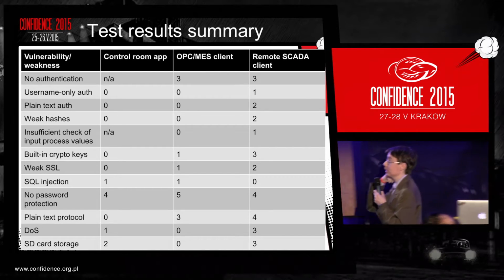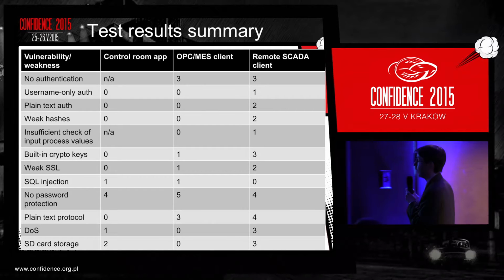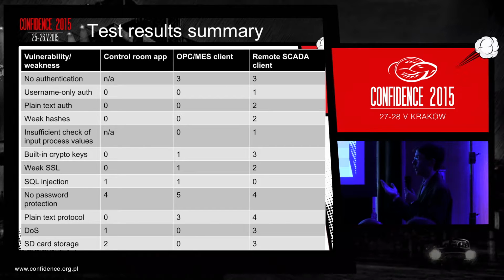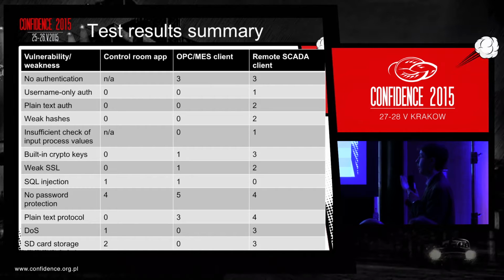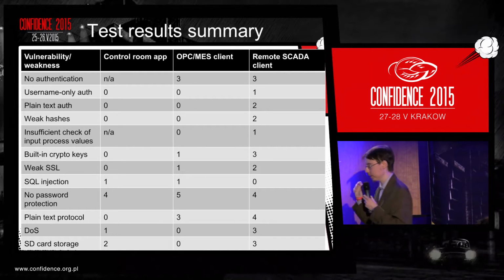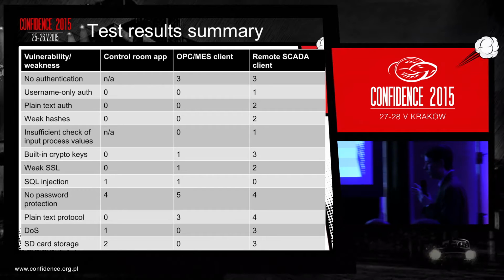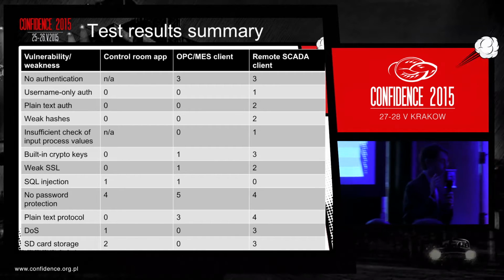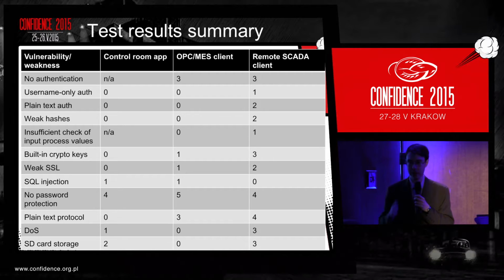Here is the test result summary. We have a bunch of authentication problems, and found some crypto problems, SQL injection, denial of service, possible memory corruptions, and SCADA-related bugs. And of course, we can't show you the exact vulnerabilities, because the responsible disclosure process for ICS applications is hard, and fixing a vulnerability could take years.